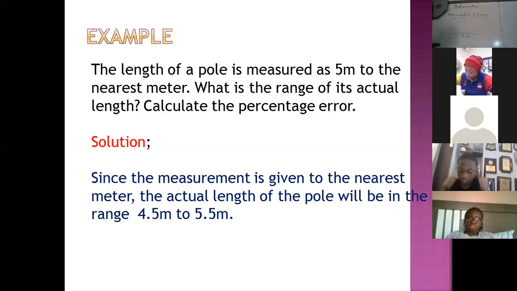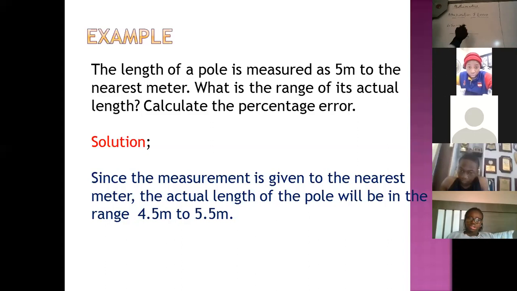Because it's given to the nearest meter, if you have 4.5, rounding this to the nearest meter will give you 5 meters.